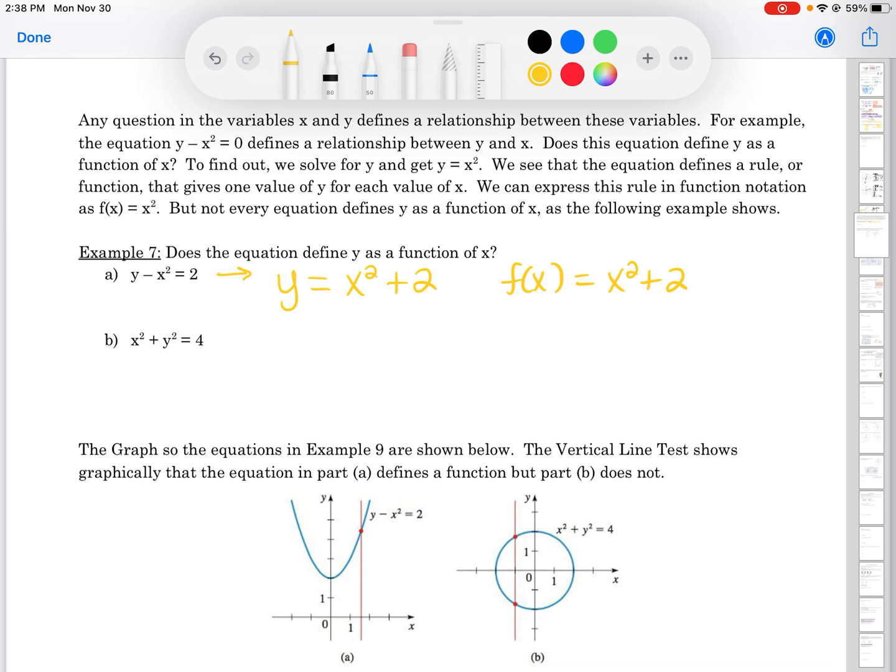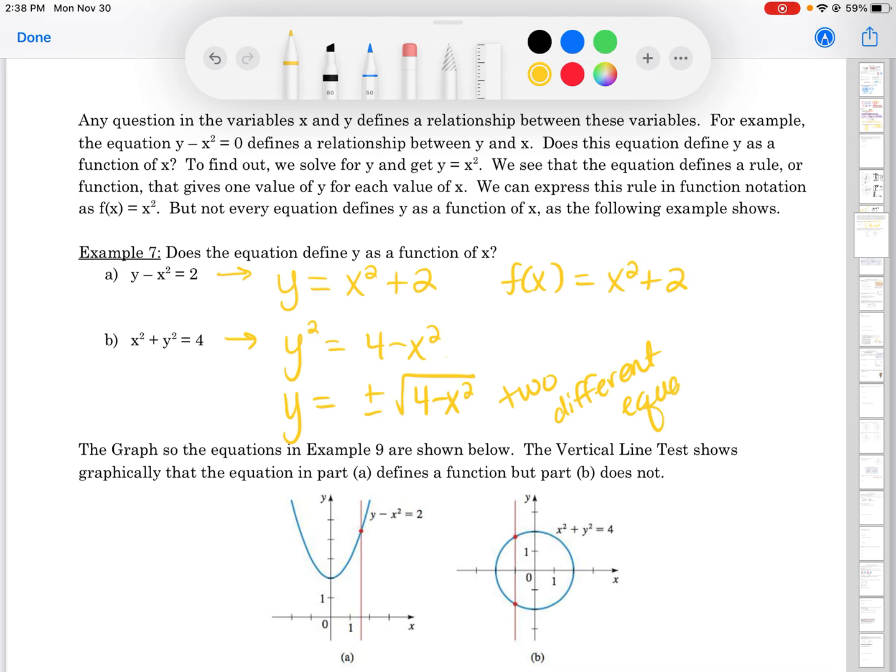In the next one, when I solve for y, I would subtract x squared first. And then I would have to take the square root, and actually this might be a little less messy if I do the 4 first. It doesn't really make a difference. I would take the square root, so that's going to give me y is equal to plus or minus the square root of 4 minus x squared. The problem is this is producing two different equations.